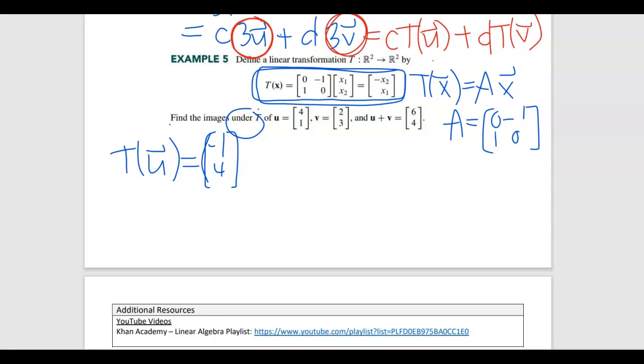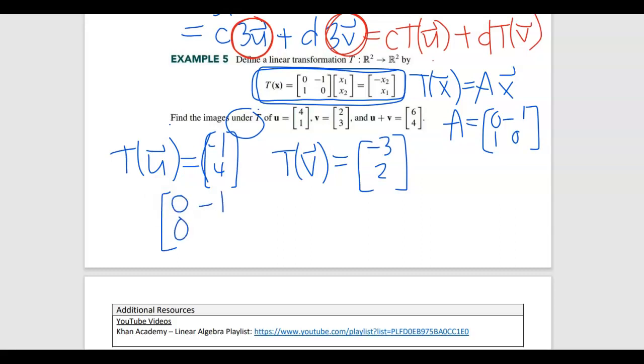T(v) would end up being (-3, 2). Let's do one example of what we're doing by applying that rule that was given to us.